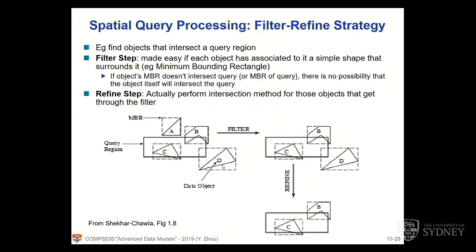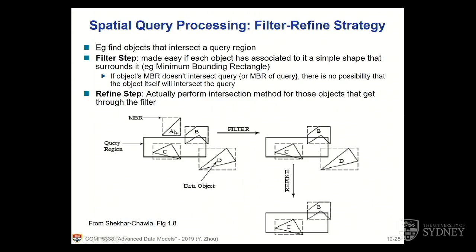If this is the query region and these are all the data objects, the first step is to see if the query region intersects with the MBR of each object. This one doesn't intersect, so we don't need to consider it further. But all of these intersect with it, so they are candidate objects. By doing this, we can get rid of some things.